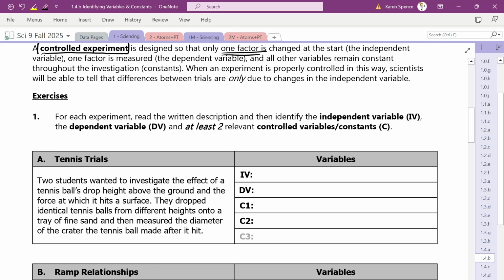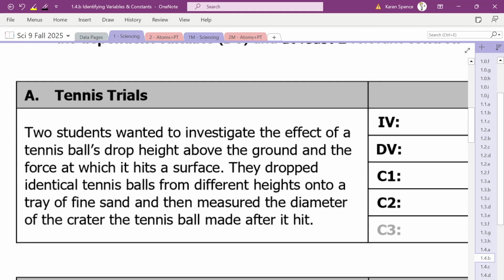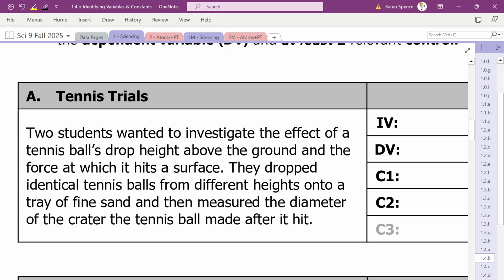Okay. For each experiment, read the description and identify the independent variable, the dependent variable, and at least two relevant controlled variables or constants. Two students wanted to investigate the effect of a tennis ball's drop height above the ground and the force at which it hits the surface.